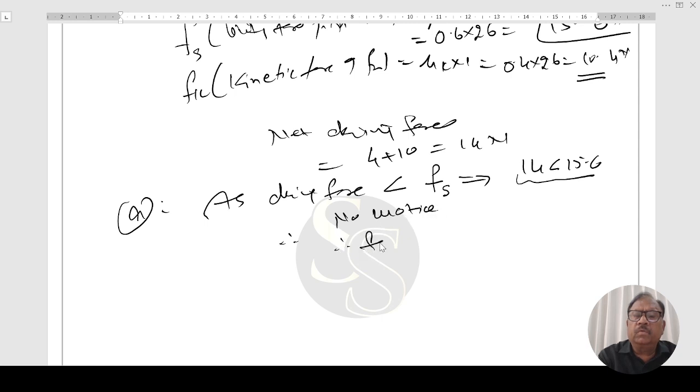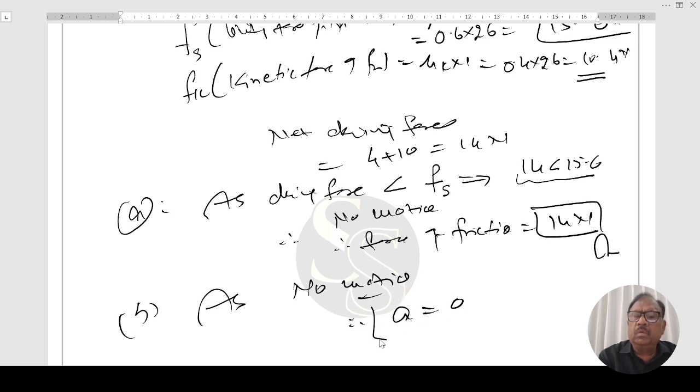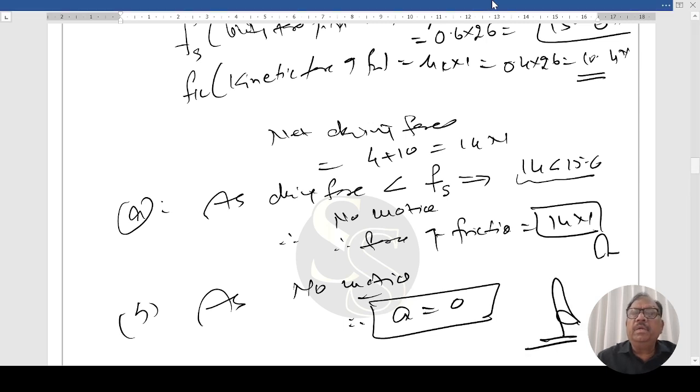Therefore, force of friction will be 14 Newton. This is the answer. Part B, to find the acceleration: as there is no motion, therefore acceleration is equal to 0. This is the answer, right?